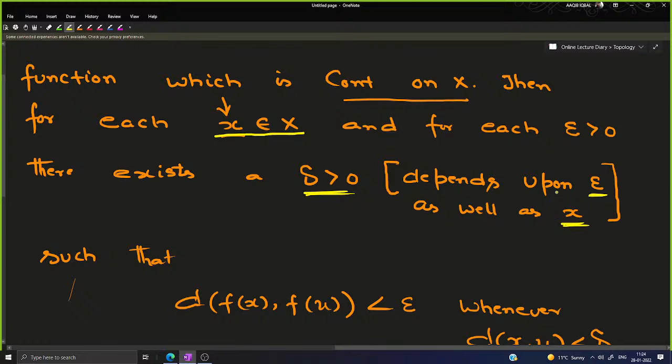Now there are certain scenarios where this delta depends only upon epsilon, ये खाली epsilon पर depend करता है, और ऐसे सिनेरियो में हम कहते हैं the function is uniformly continuous.